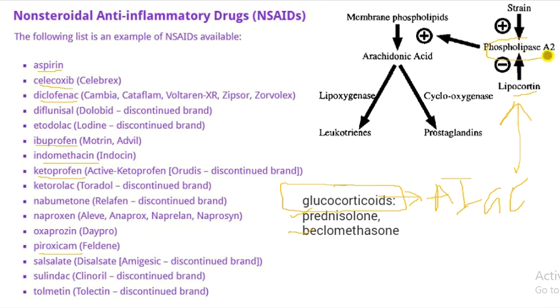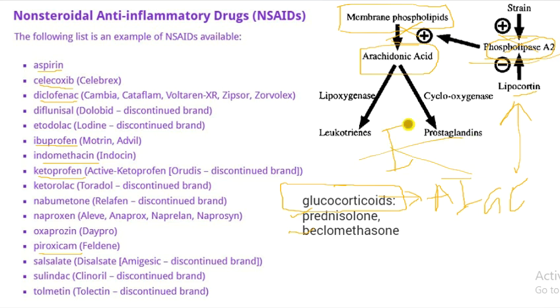Lipocortin will inhibit phospholipase A2. I already said that arachidonic acid is produced from membrane phospholipids by the help of the enzyme phospholipase A2. So if we are able to inhibit this enzyme, this reaction won't occur.